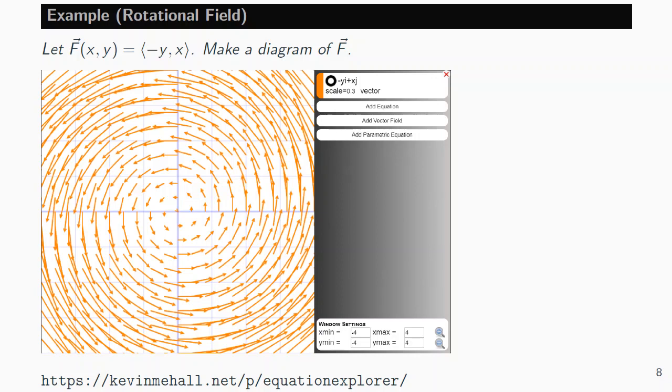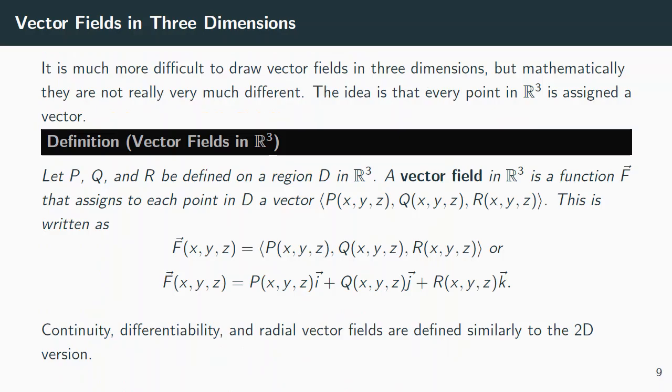And there's all kinds of other vector fields. You can put in any equation you want, you'll get a vector field. You can do this in 3 dimensions, but it's harder to graph. Essentially, a vector field in 3 dimensions is really just 3 component functions, a P, a Q, and an R, and they each take in points x, y, z.